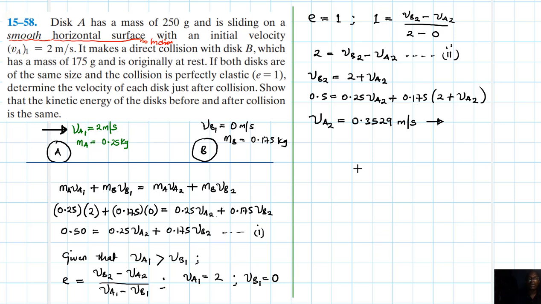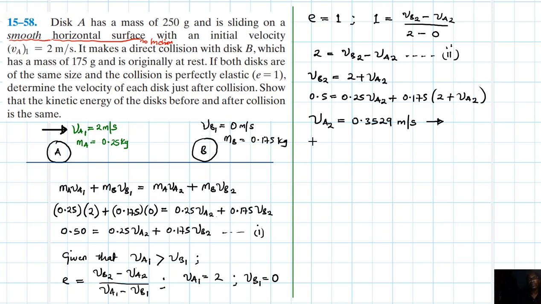0.25 plus 0.175, okay, then we have 0.5 minus 0.175 by 2 divided by answer 0.3529.